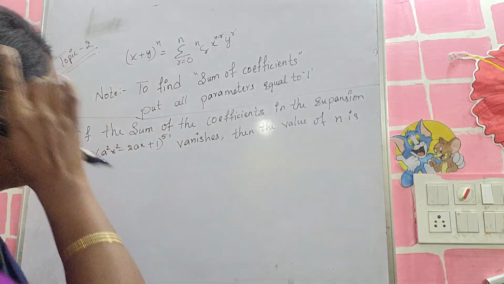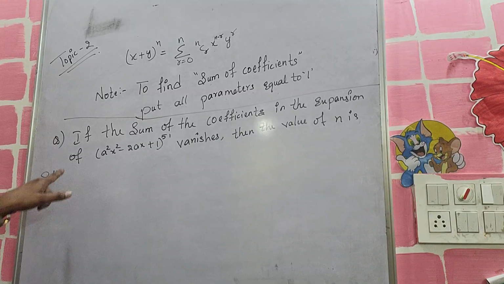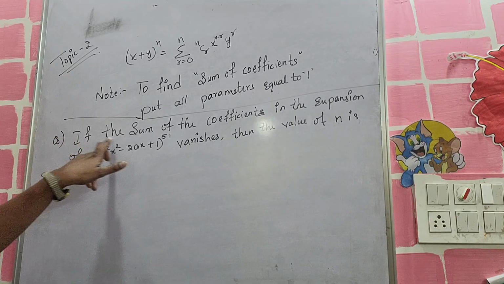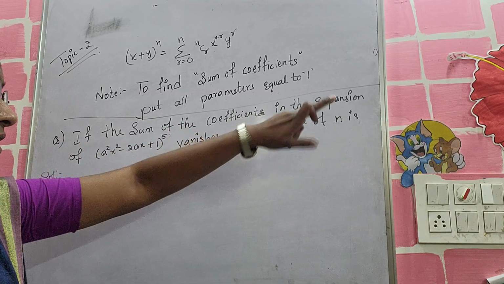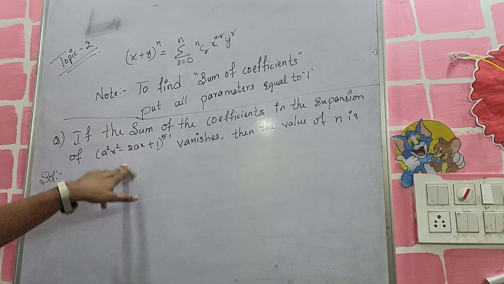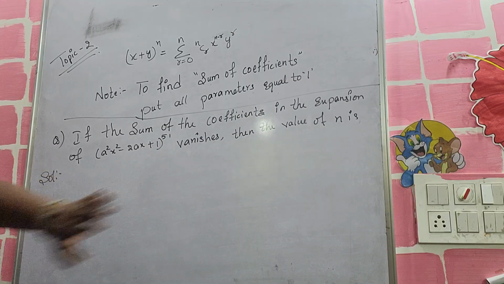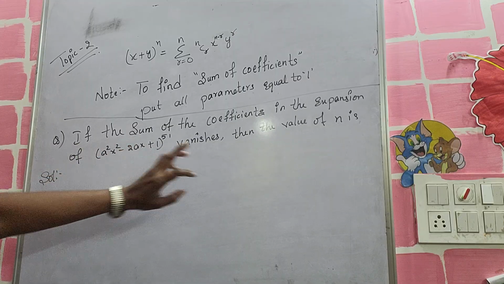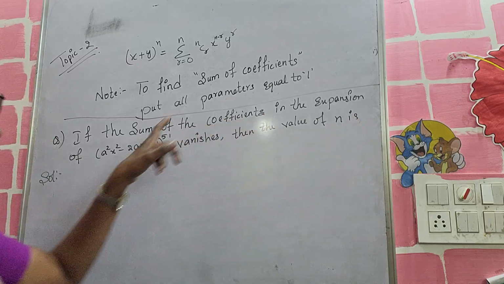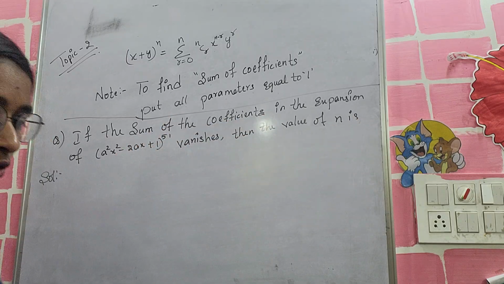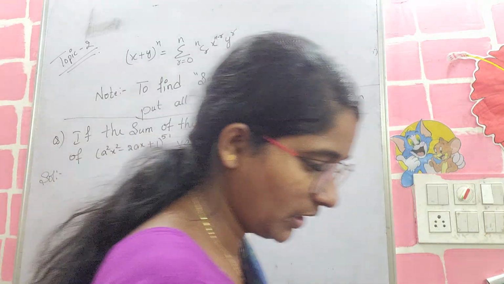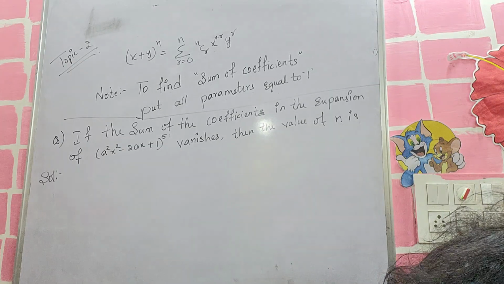So here is the same way one question. If the sum of the coefficients in the expansion of this vanishes, means everything becomes 0, then what is the value of n over here?